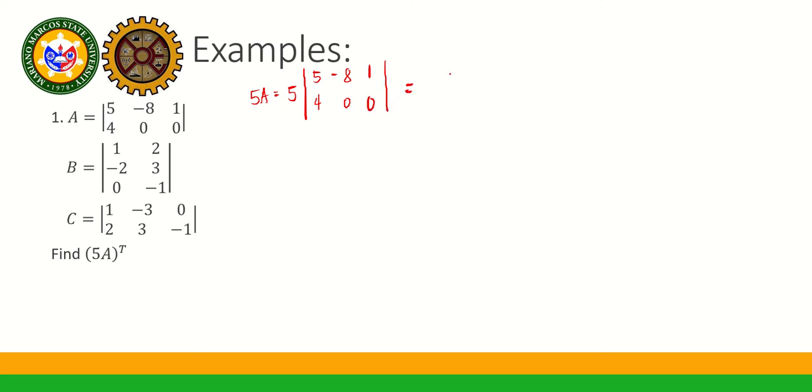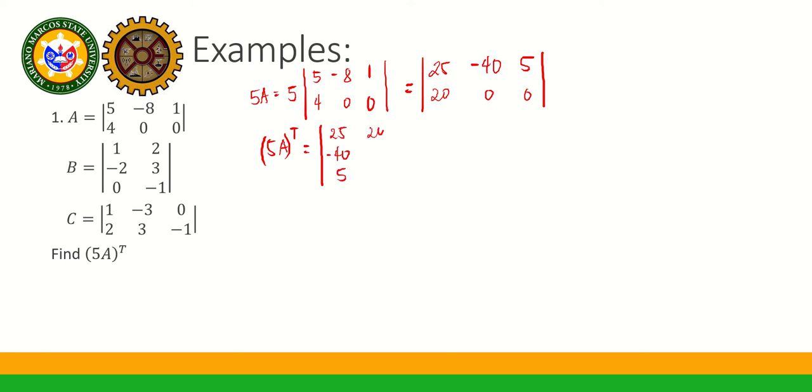So, this is equal to 25, and then negative 40, 5, 20, 0, 0. And then we get the transpose of 5A. So this will be equal to 25, negative 40, 5, then 20, 0, 0. So this is the answer.